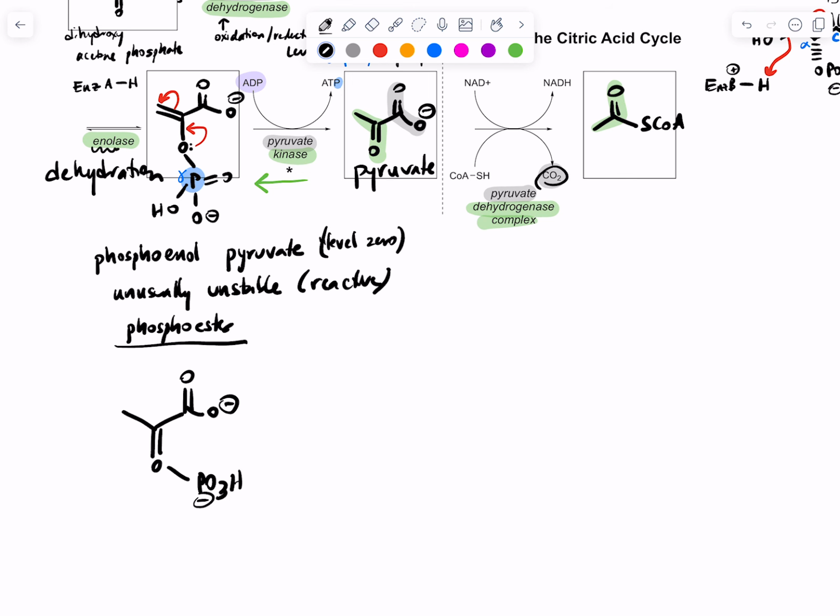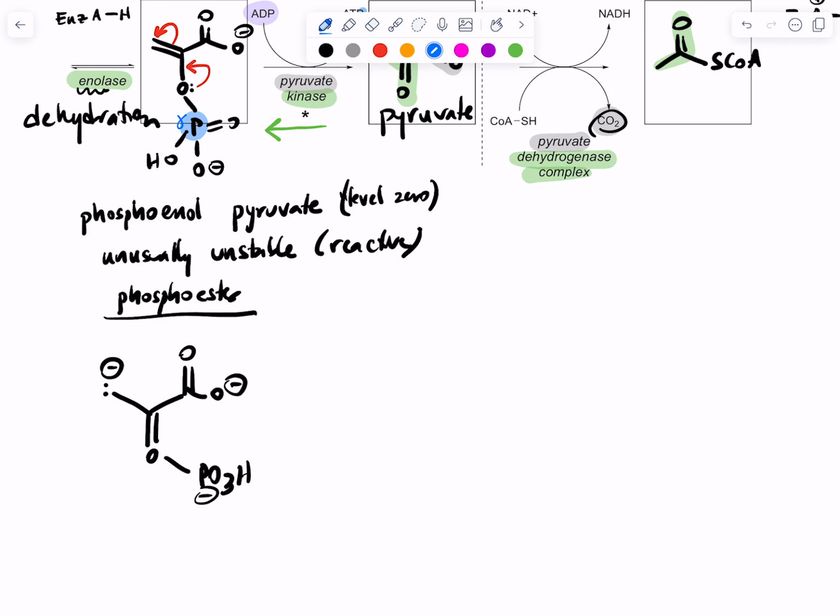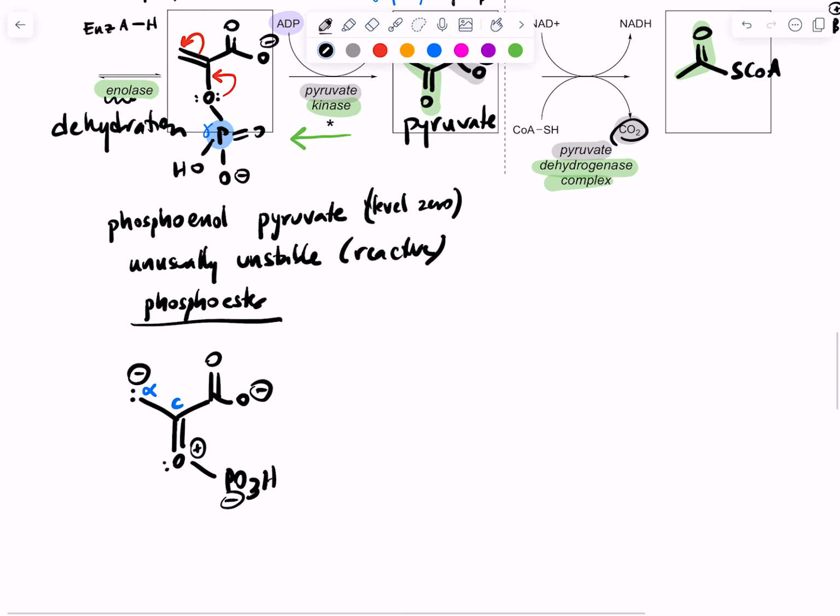Those are just resonance arrows, okay? Showing you that this carbon that is alpha to the carbon that bears the oxygen in pyruvate is electron rich. So those two are resonance structures of each other.